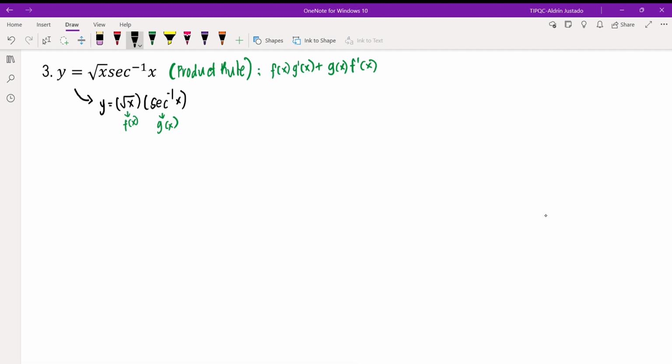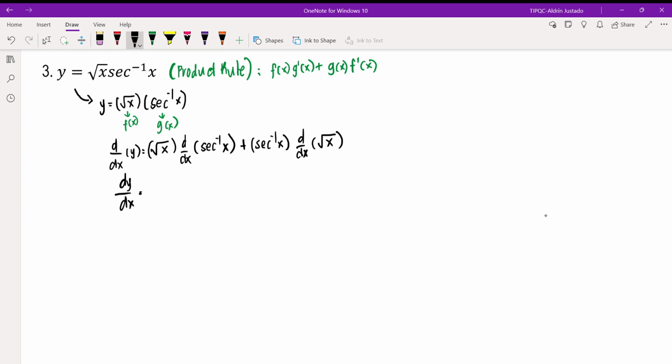Let's differentiate. d over dx of y is equal to f of x, so you have square root of x times the derivative of your g of x, which is arc secant of x, plus g of x, arc secant of x, times the derivative of your f of x, which is square root of x. Okay?